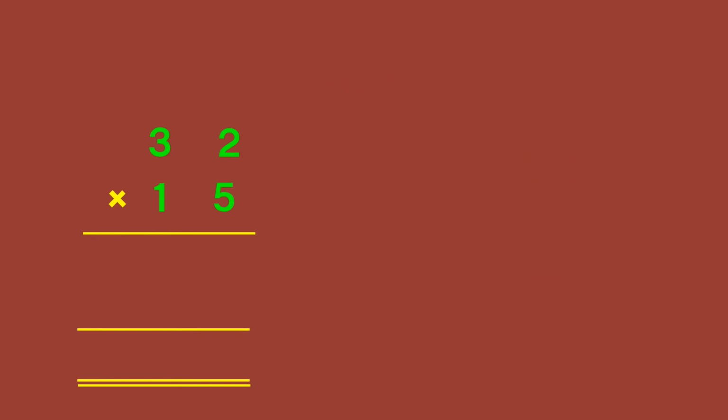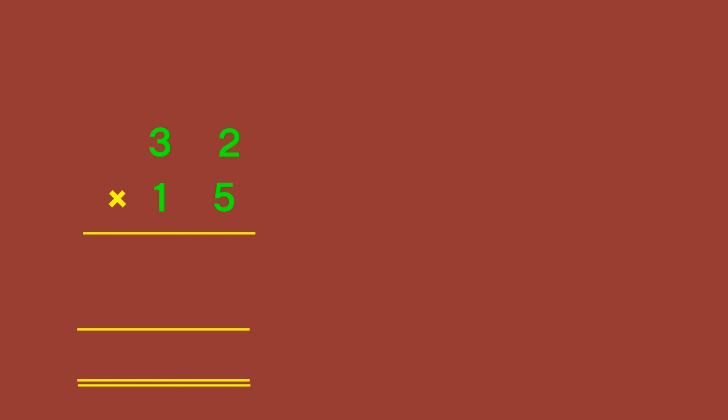Now let's move on to multiplication. So have a look at this question. 32 multiplied by 15. So first of all, I want you to have an idea about 15. So in 15, 5 is in ones place. The value represented by 5 is 5. 1 is in tens place.